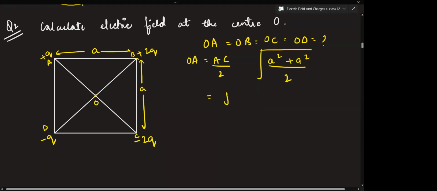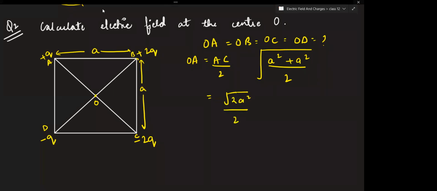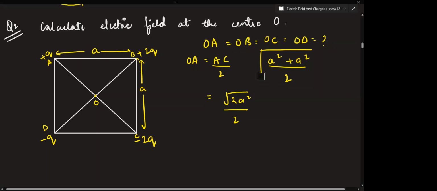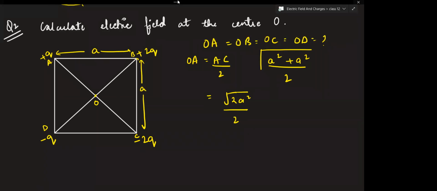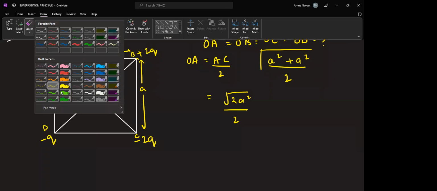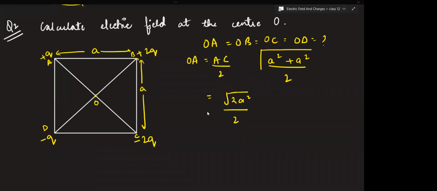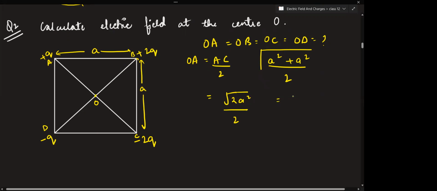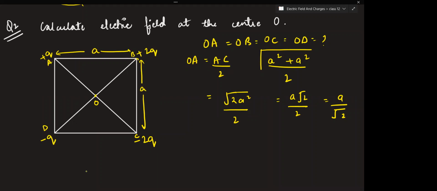So this becomes root 2A square divided by 2, that is A root 2 divided by 2. A root 2 divided by 2 is A by root 2 only. So OA, OB, OC, all these are equal to A by root 2.